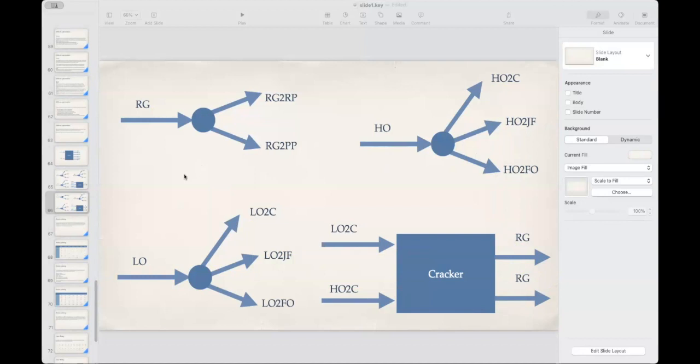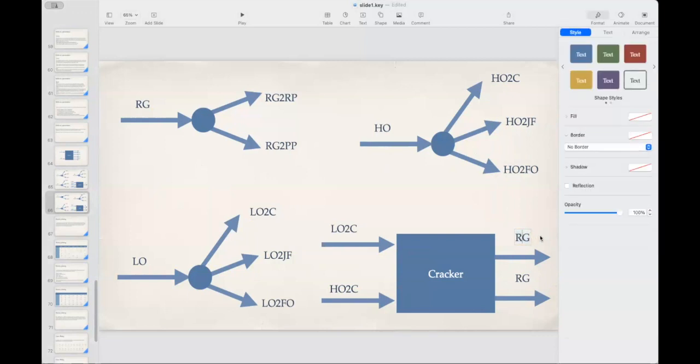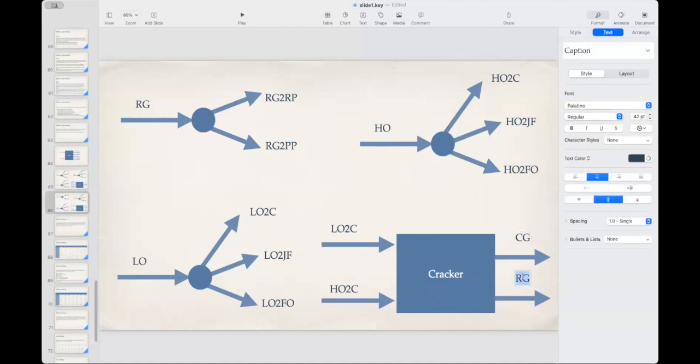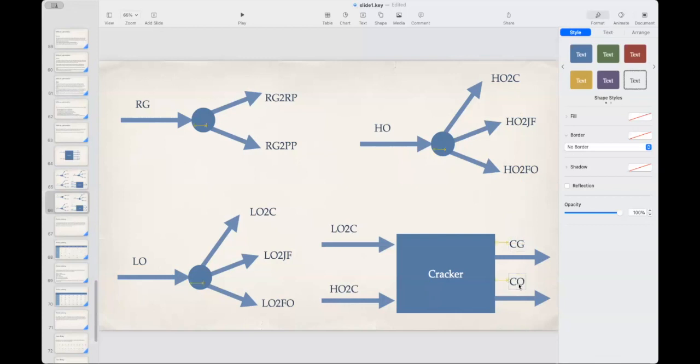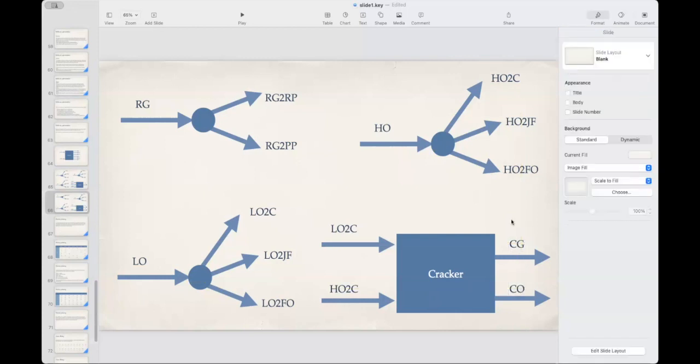CG, crack gasoline, and crack oil, CG and CO. CG is standing for the amount of crack gasoline, and CO is standing for the amount of crack oil.